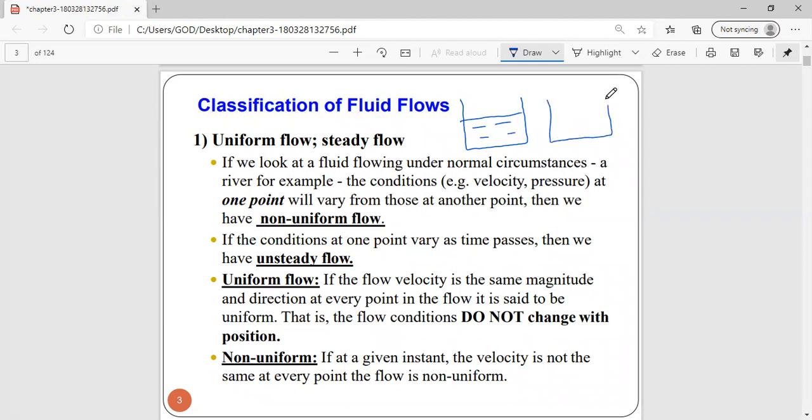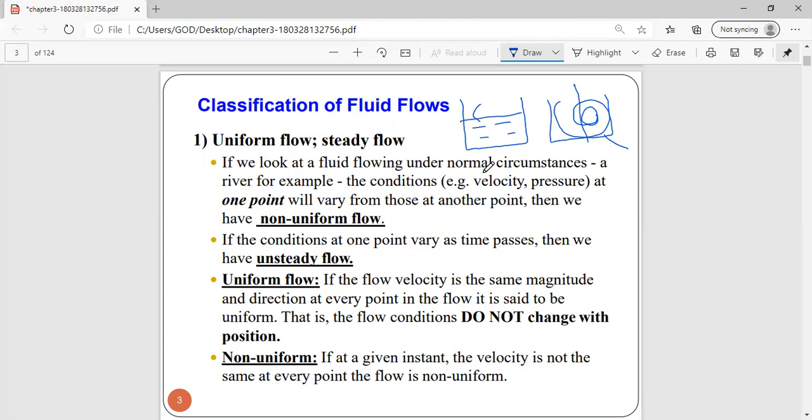Now I pour a spoon of surf inside the water, apply a small force, and swirl it. Then obviously the water will swirl about one axis, about one point. So the behavior of fluid here and here is completely different.